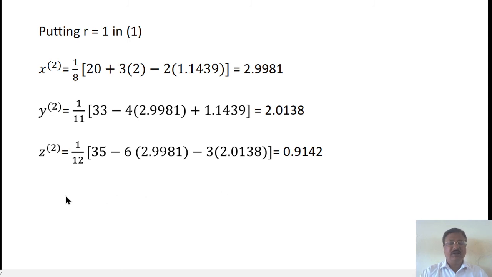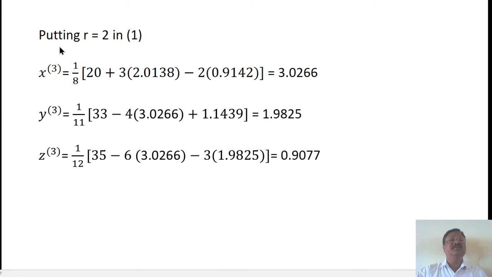0.9142. So now the third iteration, putting r is equal to 2 in 1, x raised to 3 is equal to 1 upon 8, 20 plus 3 into the last iterate value 2.0138 minus 2 into 0.9142, which will give you 3.0266. y raised to 3 is 1 upon 11, 33 minus 4 into the recent value of x plus the previous value of z, 0.9142.